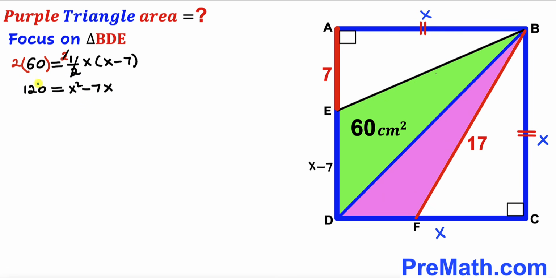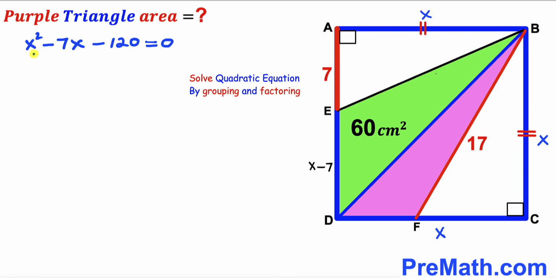Now I'm going to move the 120 to the other side, so x square minus 7x minus 120 equals 0. Thus we end up with this quadratic equation, and we are going to solve it by grouping and factoring.